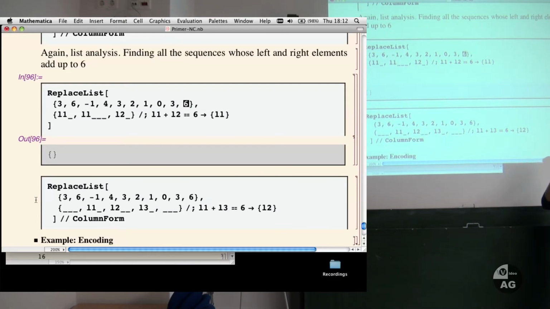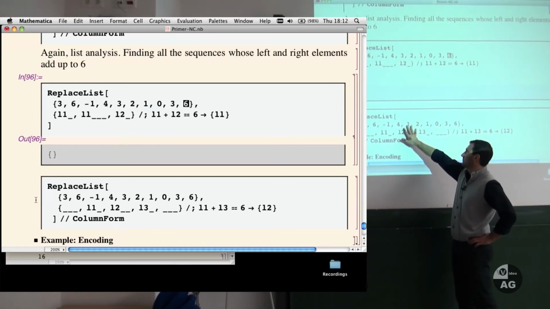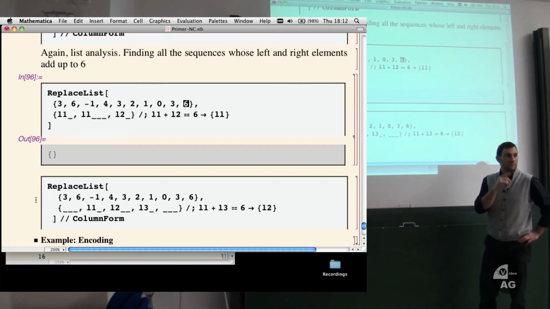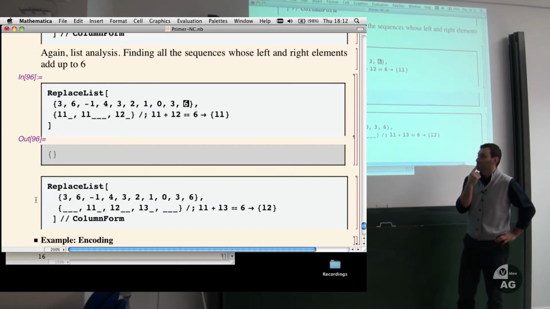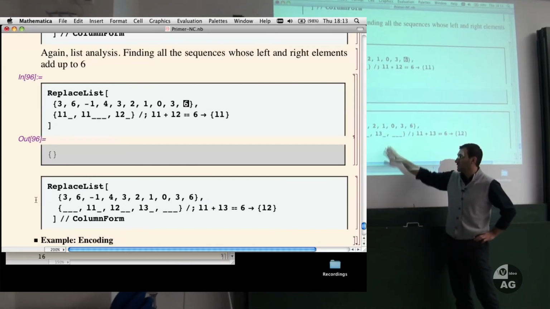If it happens, for example, like 4, 3, and 2, then it will match. It will come out 3. And 0 and 6, it will come out with another 3. So it looks like it's working.